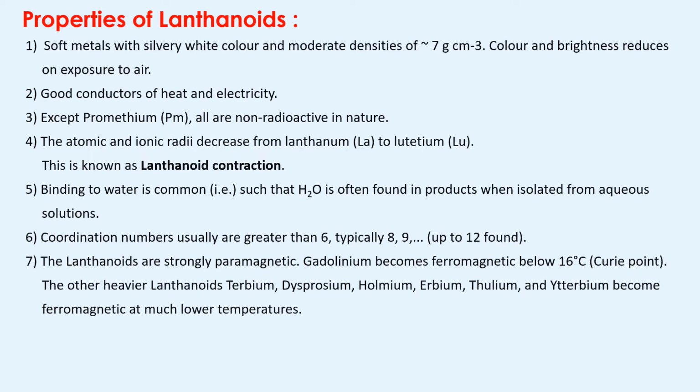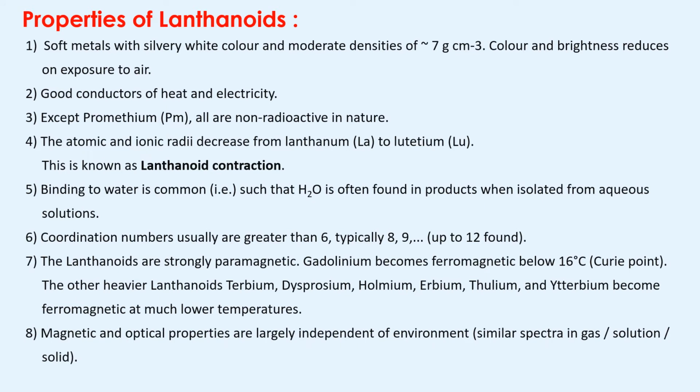The other heavier lanthanoids, that is terbium, dysprosium, holmium, erbium, thulium, ytterbium, become ferromagnetic at much lower temperatures. Next, magnetic and optical properties are largely independent of environment, meaning they have similar spectra in gas as well as in solution as well as in solid.